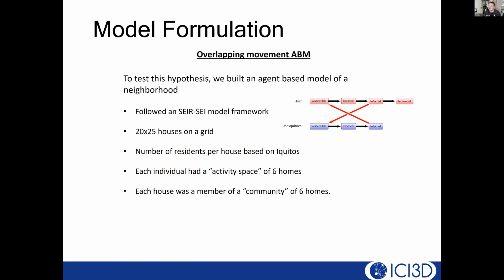So what we're saying there is, I have a group of people that are my community or my social group. Let's just say my family, for example, and that's made up of 6 homes. But the people I visit are going to be also 6 homes. Maybe it's perfectly those individuals of my family. Or maybe I don't really visit my cousin very much, but I do visit my mother, I do visit my grandmother, I do visit my uncle. So there's going to be overlap, but I'm going to be able to change the strength of that overlap.